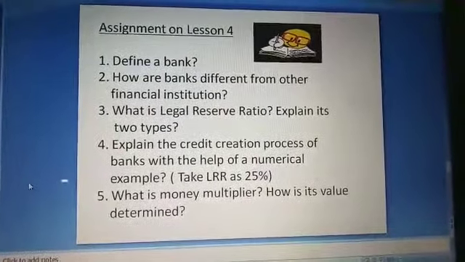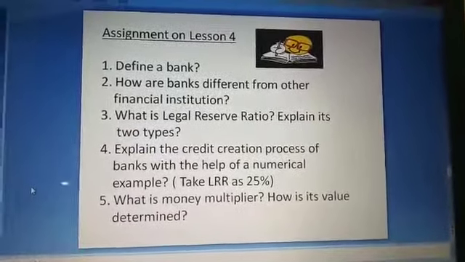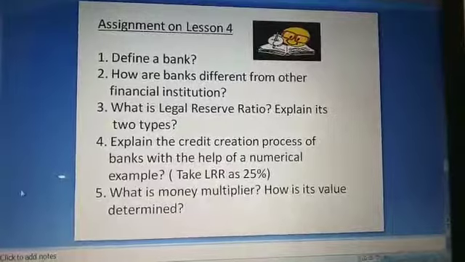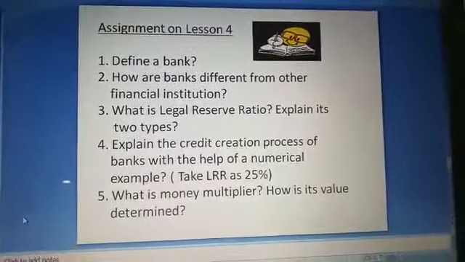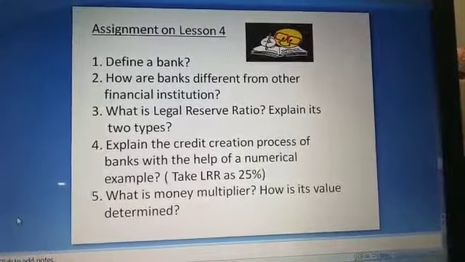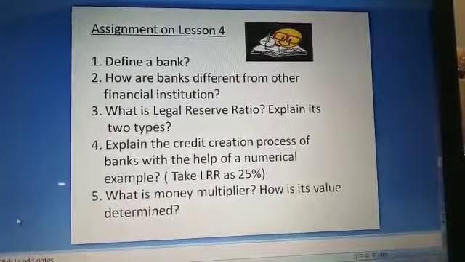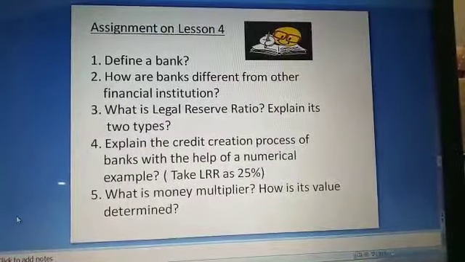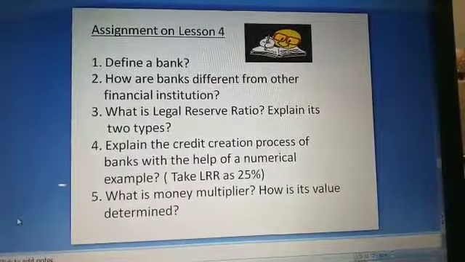Okay, now it's time for assignment. Quickly, I'll read out all the questions. Now, this is assignment number 4. The first question: define a bank. Question number 2: how are banks different from other financial institutions? Question number 3: what is legal reserve ratio? Explain its two types.